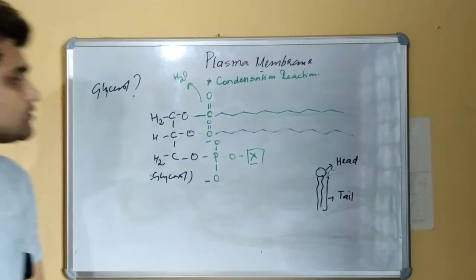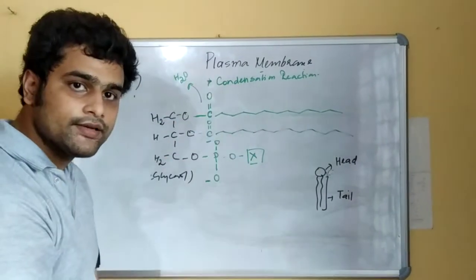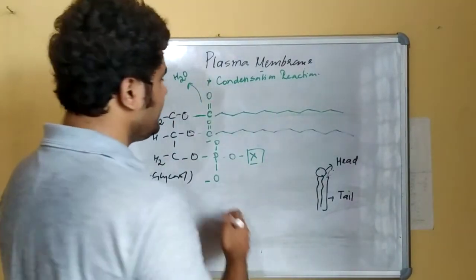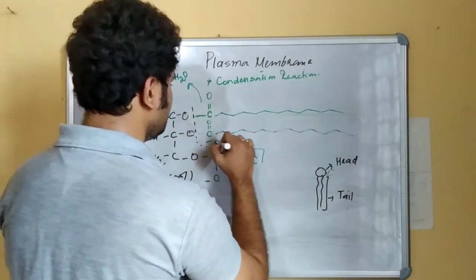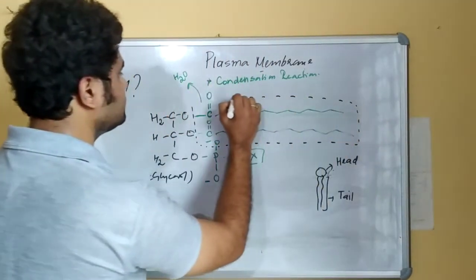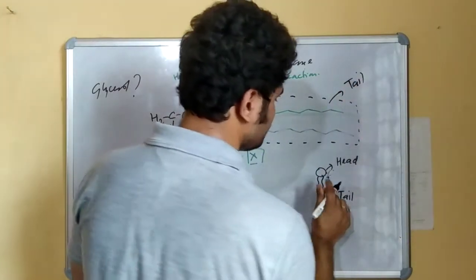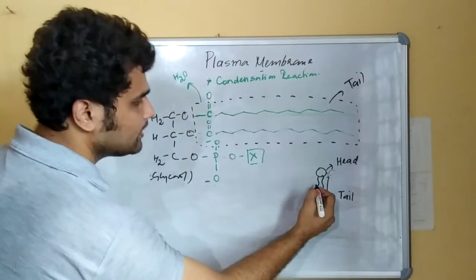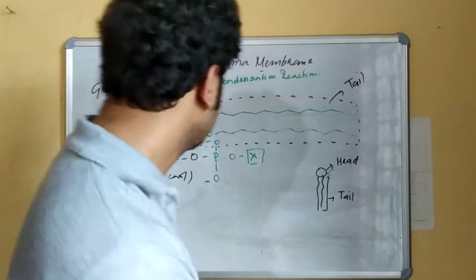The tail is this entire fatty acid chain. These 2 are the tail. So there are 2 fatty acid chains here.